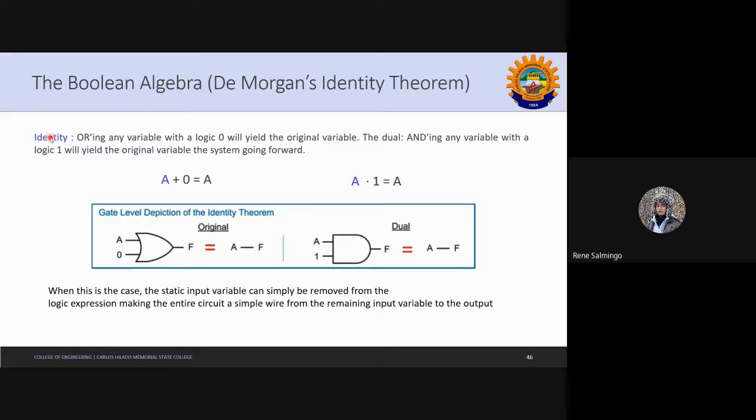In this case, the static input variable can simply be removed from the logic expression, making the entire circuit a simple wire from the remaining input variable to the output.